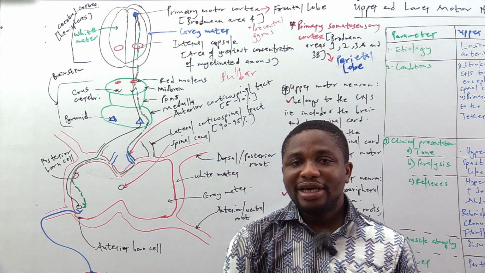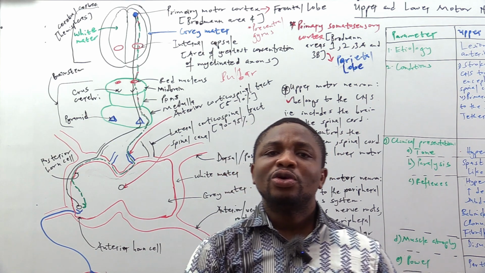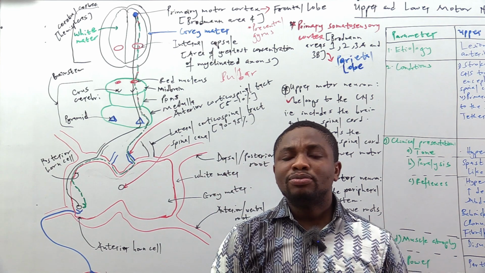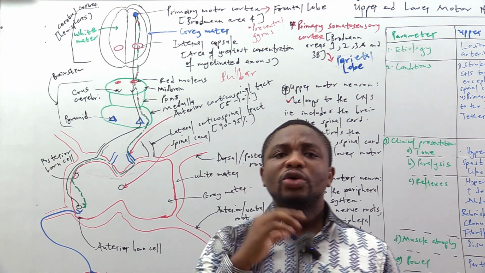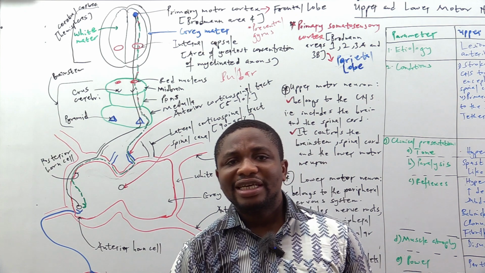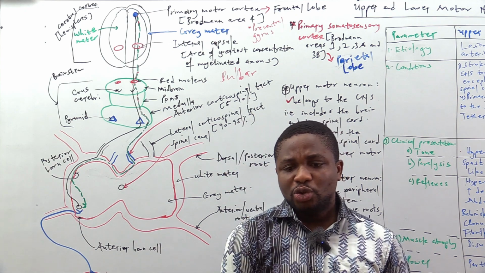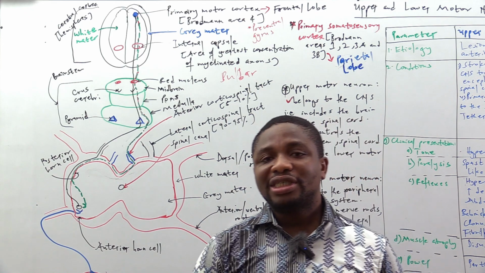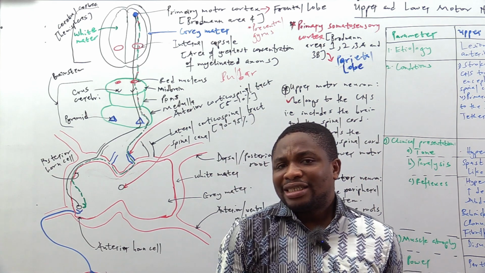And we can do an application with regards to the Glasgow Coma Scale. If you are looking at a Glasgow Coma Scale, at the best motor response, you will give a score of 3 if there is an abnormal flexion, which will give rise to what we call the decorticate posture. Why does it have to happen?